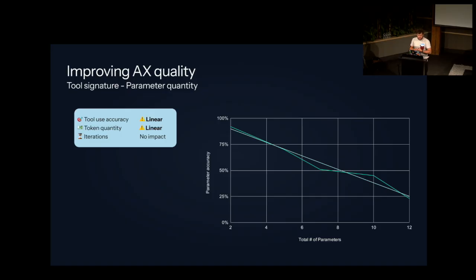Another thing that we can measure when we expose tools is the impact of the quantity of parameters present in an MCP server. The more parameters you have, the more it also decreases the chances of actually using the correct parameter and the correct tool, but only linearly.